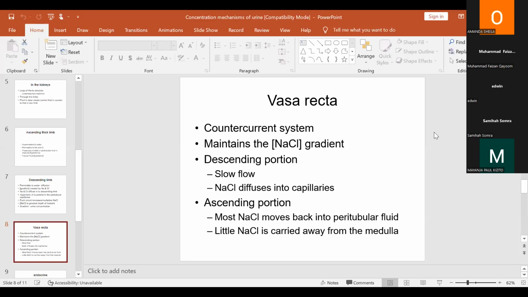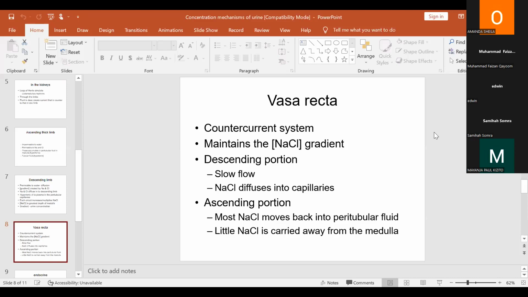But as it ascends, in the ascending portion of the vasa recti, most of the sodium chloride moves back into the medullary interstitial space. So most of the sodium chloride that was absorbed in the descending portion is given back into the medullary interstitium when ascending.